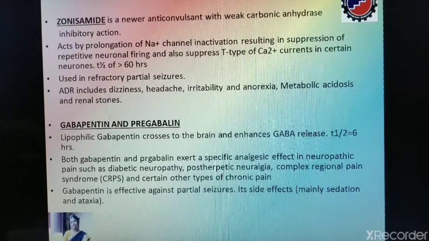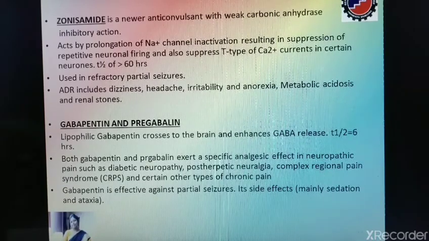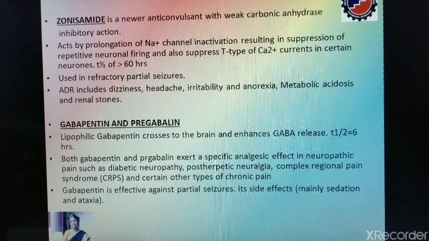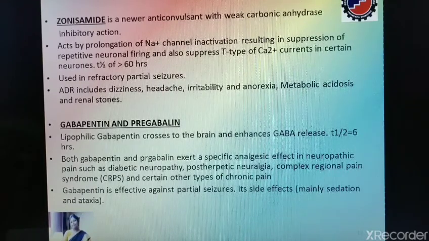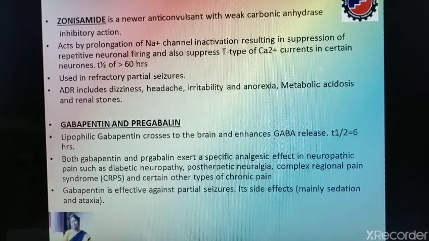Gabapentin is mostly effective in case of partial seizures. Some side effects include sedation and ataxia. As the plasma half-life of gabapentin is only about 6 hours, it requires dosing 2 to 3 times a day. It is excreted unchanged in the urine and is free of interactions with other drugs.